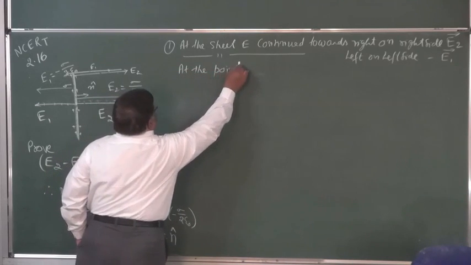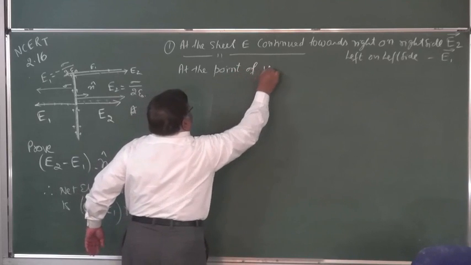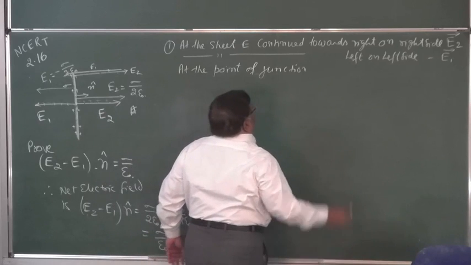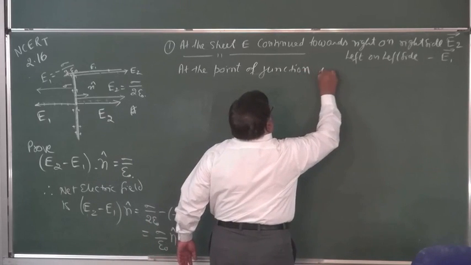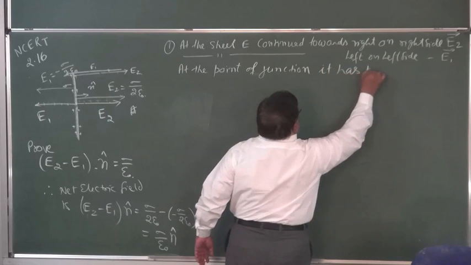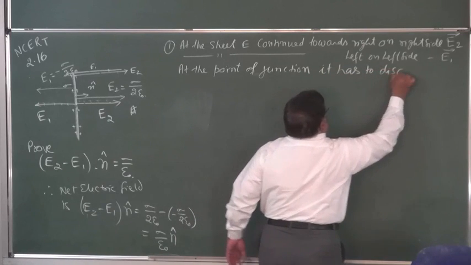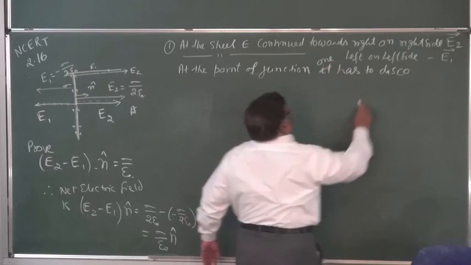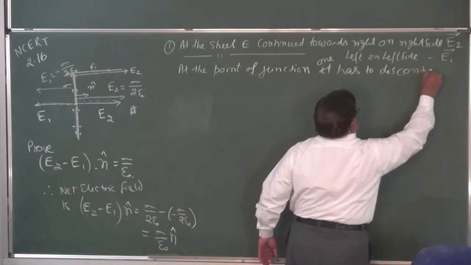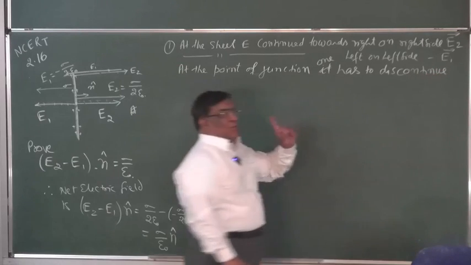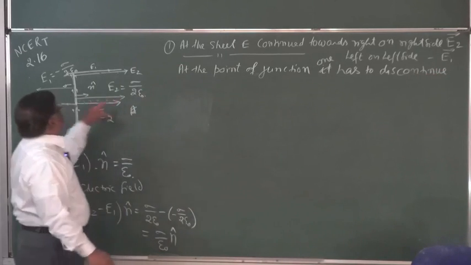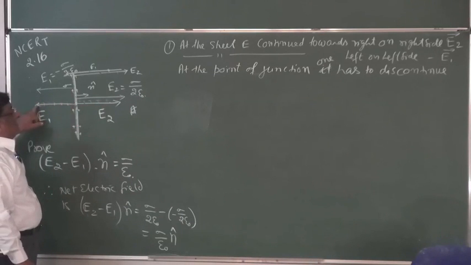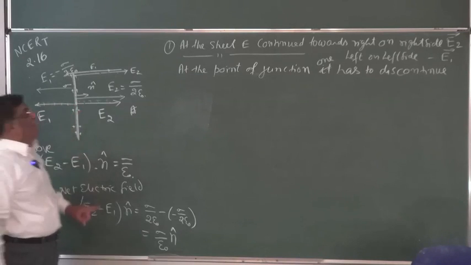At the point of junction, it is possible, or it has to, one has to discontinue. एक डिसकंटिन्यू होगा तो दूसरा स्टार्ट करेगा. ये एक यहाँ पर नहीं आया, यहाँ पर ये दूसरा स्टार्ट हो गया, तो इस लोकेशन पर उसको क्या होना पड़ेगा?